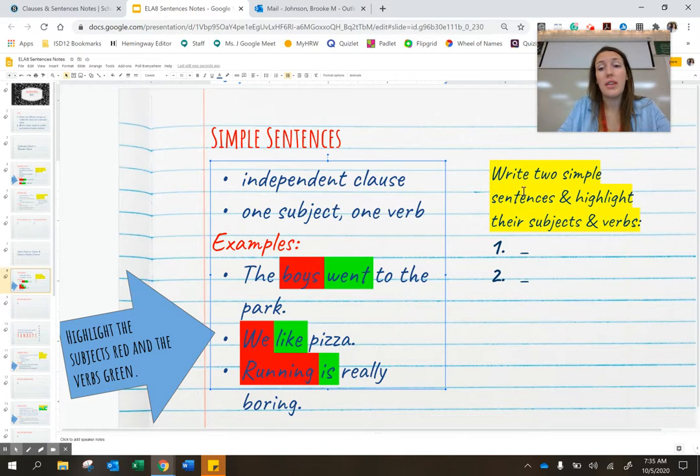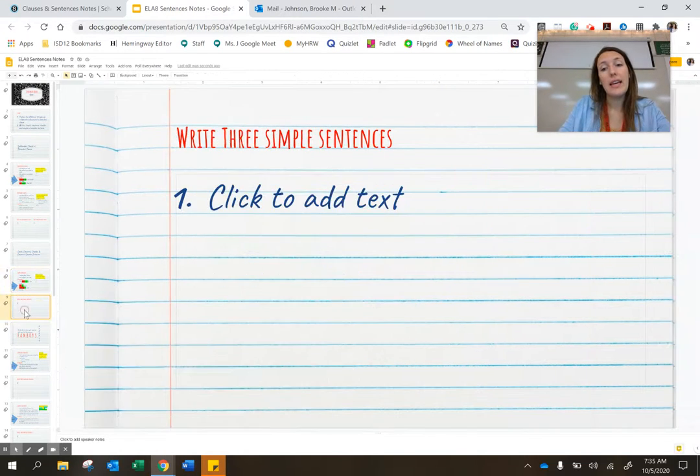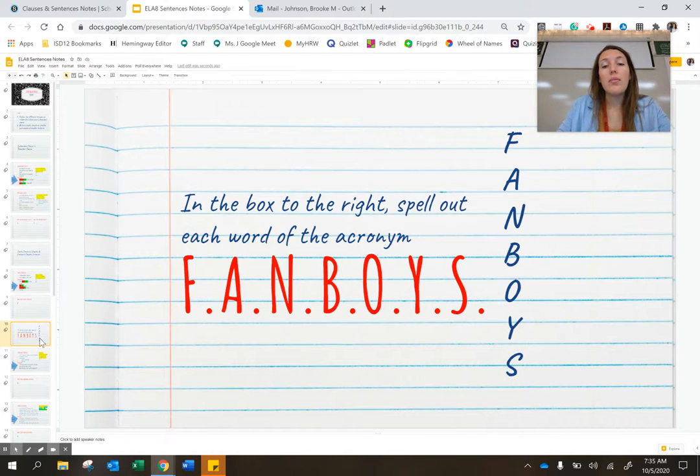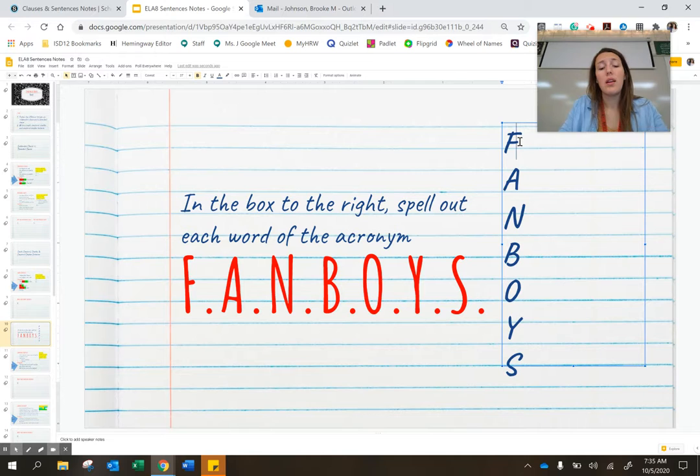So just like with the independent clauses slide, you're going to write 2 simple sentences and highlight their subjects and verbs. And then you're going to write 3 simple sentences here. So FANBOYS is something you need to know for compound sentences. And what you're going to do is just click over here and fill in all the words that the acronym stands for.